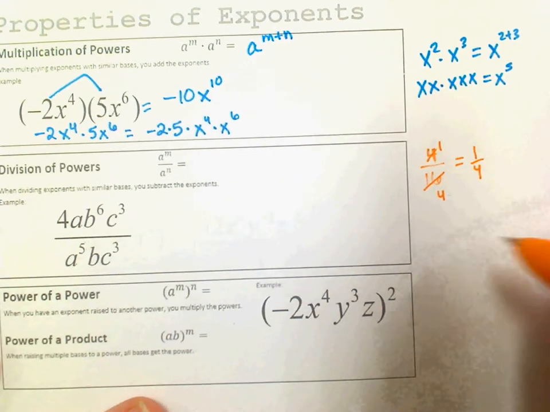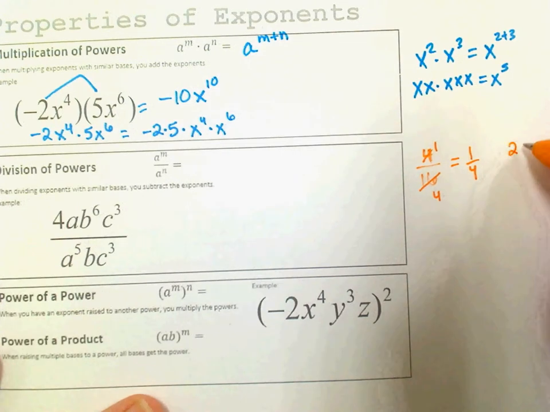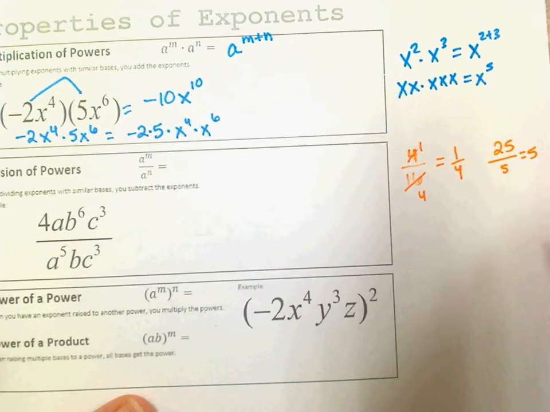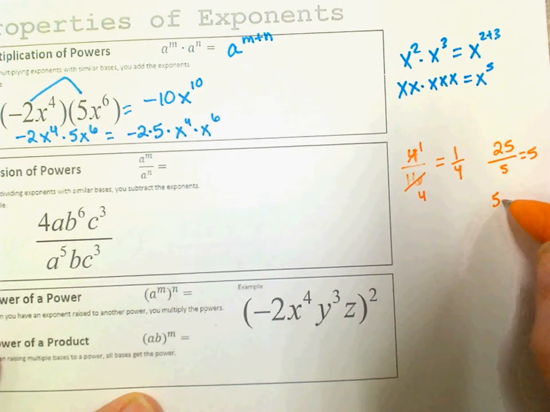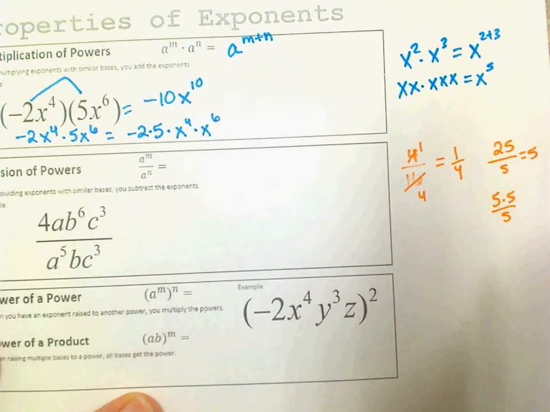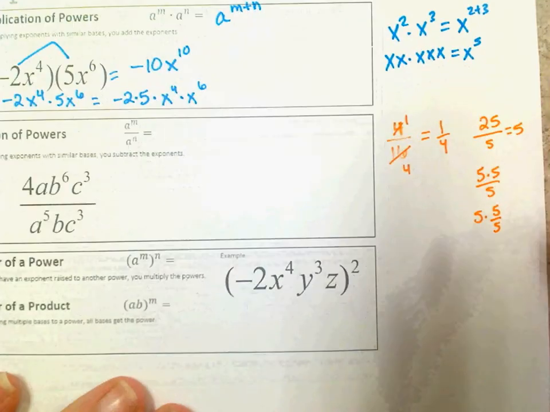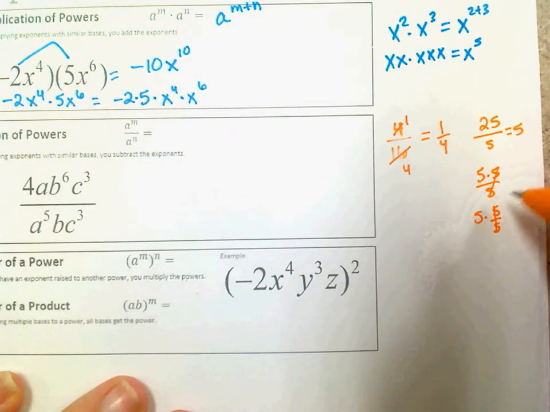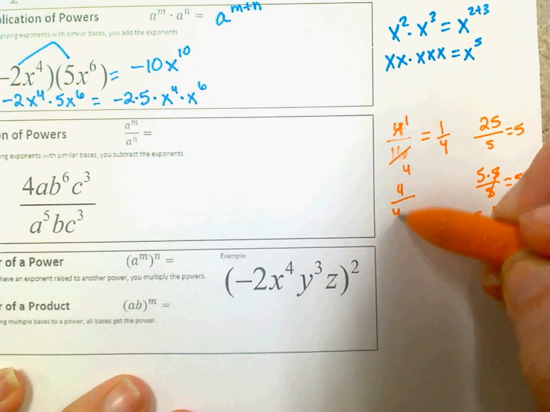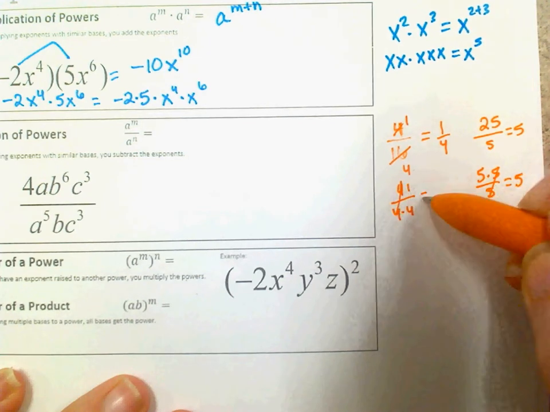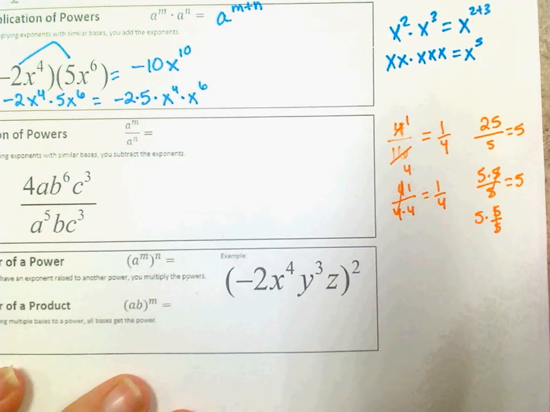Yeah? And if you had 25 over 5, that would just be 5 because 25 divided by 5 is 5. Well, that's really 5 times 5 divided by 5, and a 5 from the top and a 5 from the bottom simplify out, leaving you with just 5, right? And that's just 4 over 4 times 4. One of the 4's cancels out from top and bottom. 4 divided by 4 is 1, so you got 1/4.